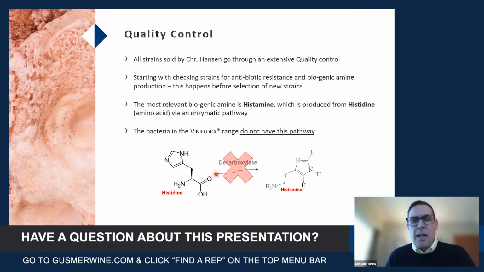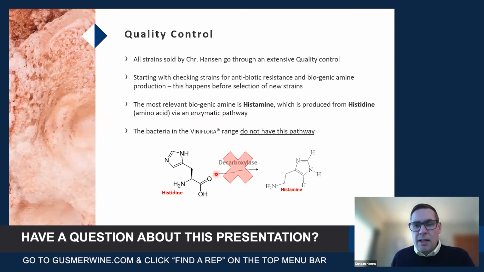Now, biogenic amines you may or may not have come across before. They're amines that are often naturally present in wine, but the winemaking process which leads to the highest amount is generally malolactic fermentation. The most abundant biogenic amine we see is histamine.